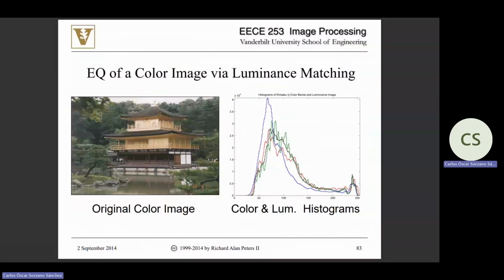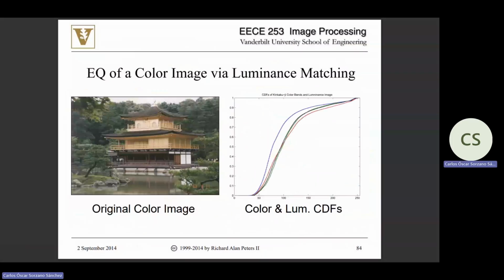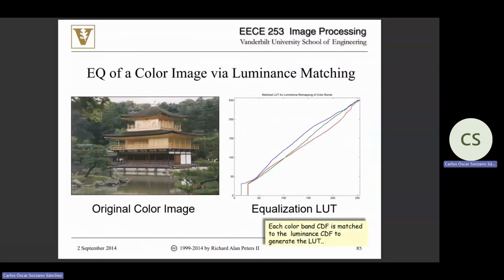Okay, and then another example. So equalization of a color image via luminance matching. So you can compute the histogram of each one of the channels, the luminance, and then the CDF of each one of the channels and the luminance, and then the equalization lookup table.